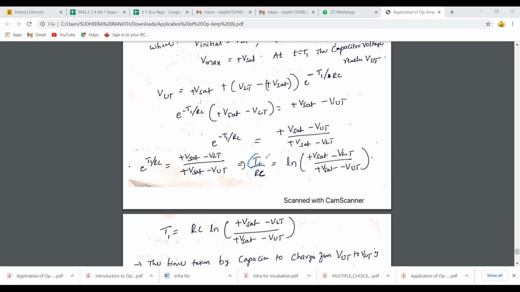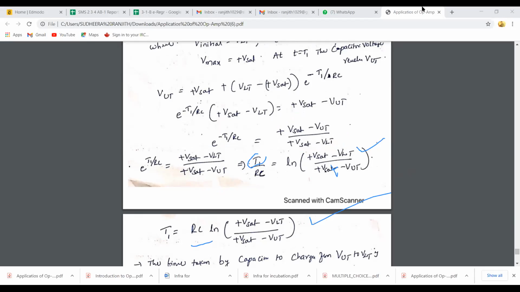From this, T1 equals RC into ln of plus V sat minus VLT by plus V sat minus VUT. Is the derivation clear, all of you?